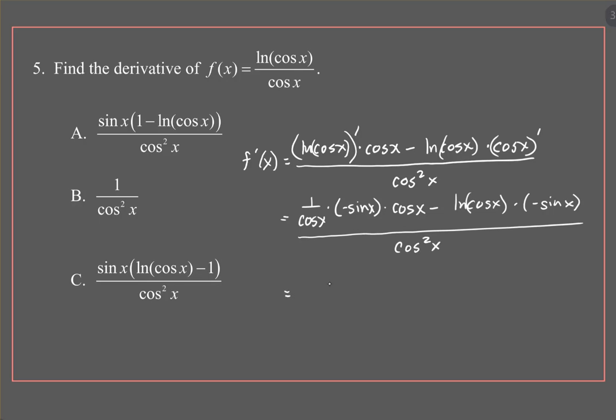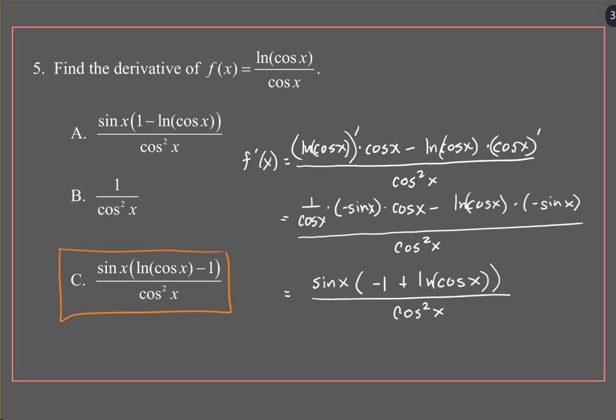And the cosine's going to cancel, so that's going to give me negative sine and a plus sign. So I'm going to take out the sine of x, and that's going to give me negative 1 plus ln of the cosine of x over cosine squared x. Okay, and that looks like it's going to be C.